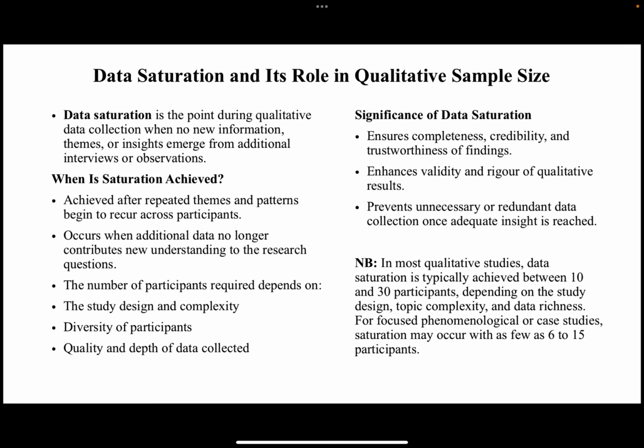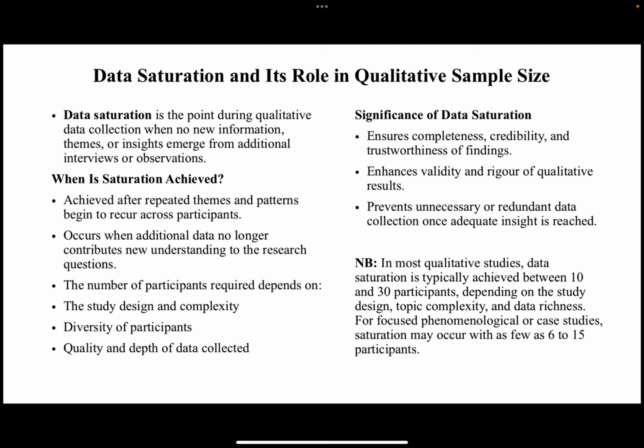selection. So data saturation is the point during qualitative data collection when no new information, themes, or insights emerge from additional interviews or observations.